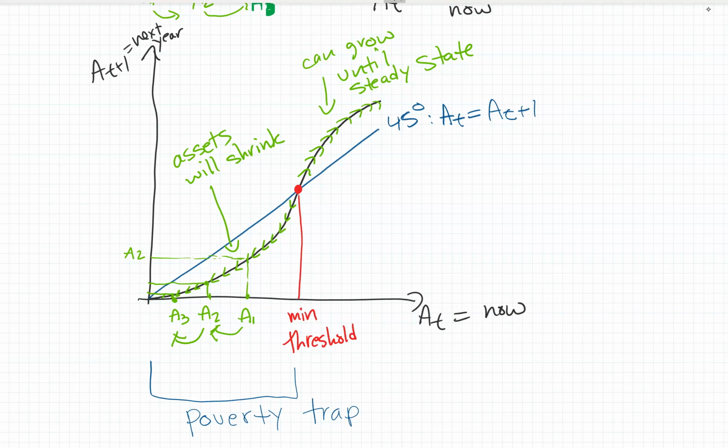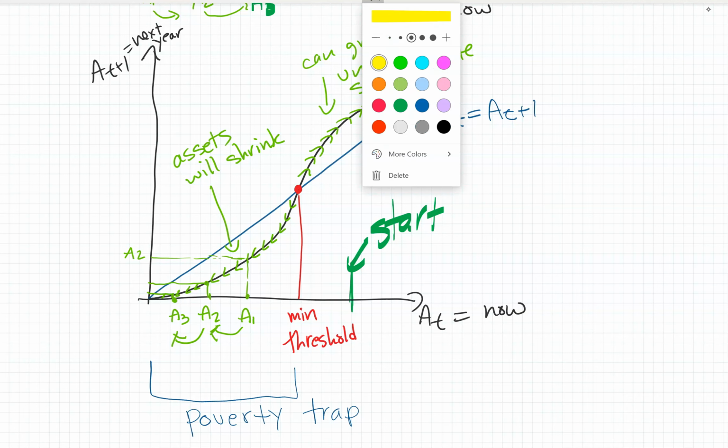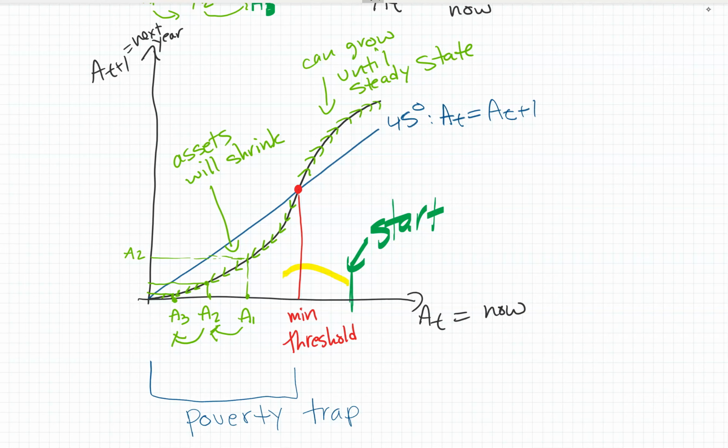That's the idea. If there is some minimum threshold, then let's suppose a family is here, right now. We start here, and we're going to be okay, except, and this is what the textbook was talking about in that section, if a disaster hits and pushes us below this threshold, we might never recover because we'll just go backwards after that.